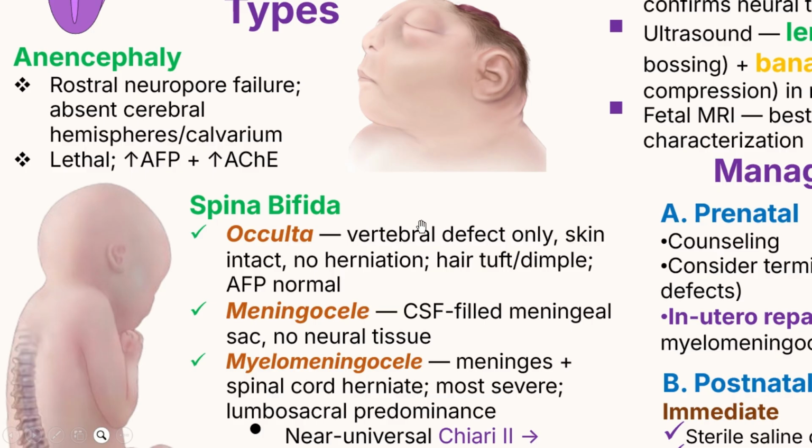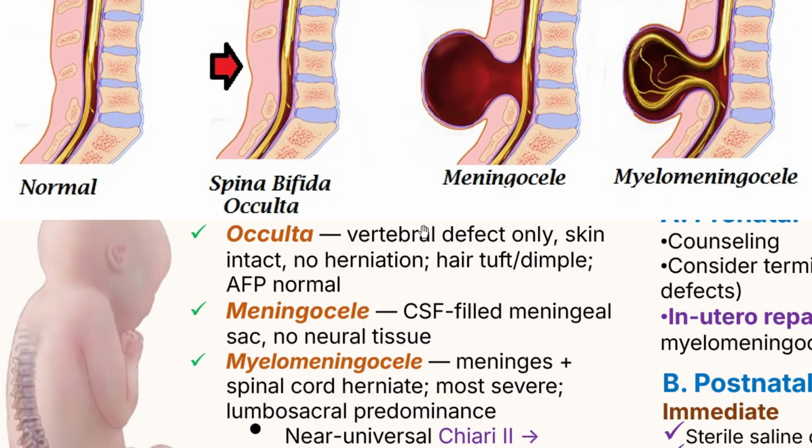So when it is occulta, we don't have anything herniating. We just have the abnormality. There is no bulge, but we have an abnormality like a skin tuft or dimple. And most of the time, the alpha fetoprotein is going to be normal, because there's no exposure of this CNS tissue to the CSF.